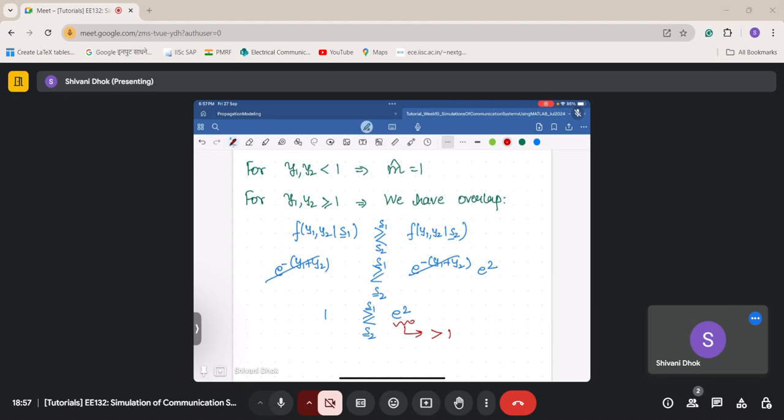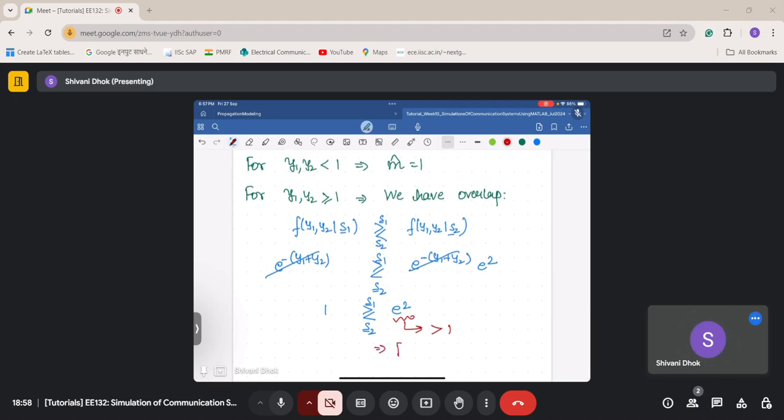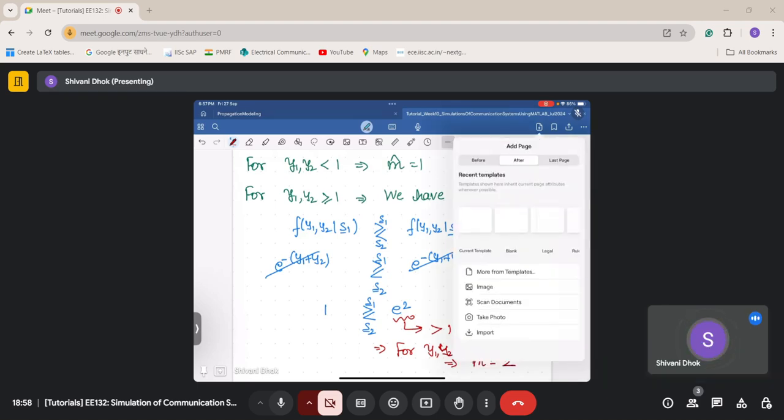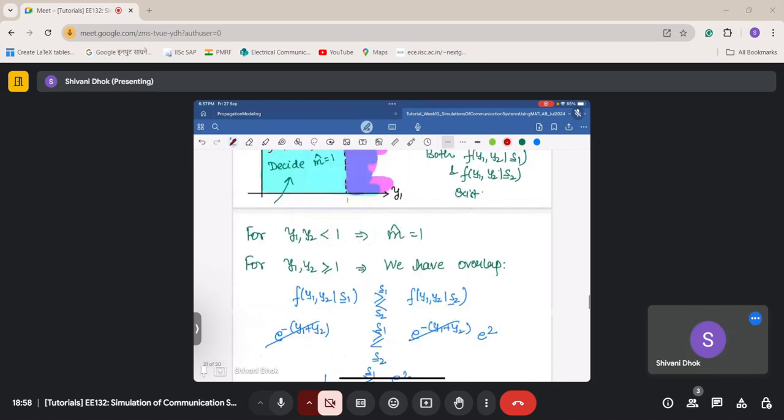Which means that for y1, y2 greater than or equal to 1, decide in favor of 2.